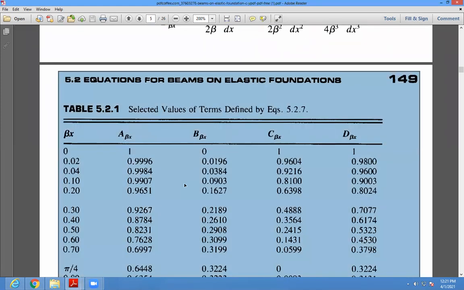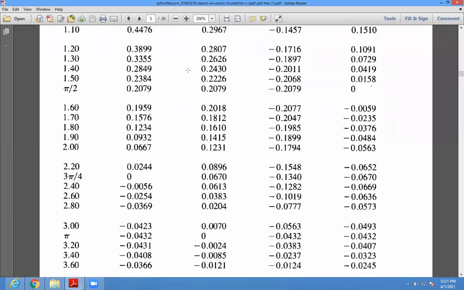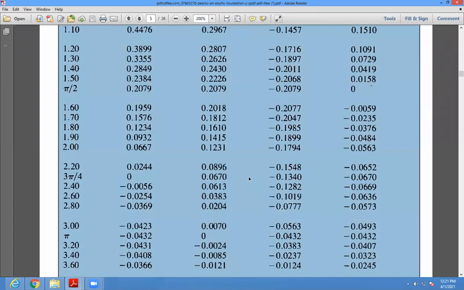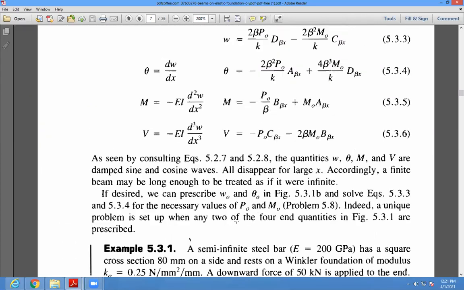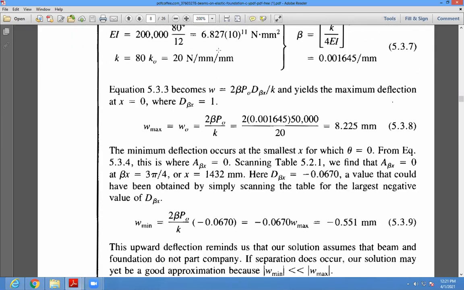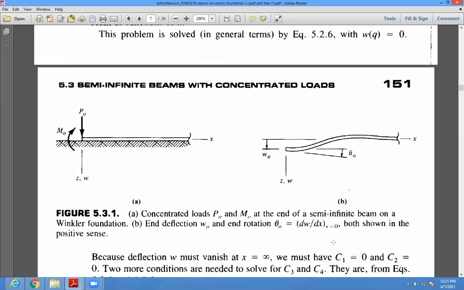So at 3 pi by 4, when beta x equal to 3 pi by 4, a beta is equal to 0. You can see here at 3 pi by 4, a beta is 0, and we have taken the value of d beta x minus 0.0670 again in the table.